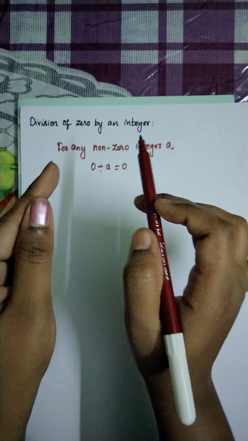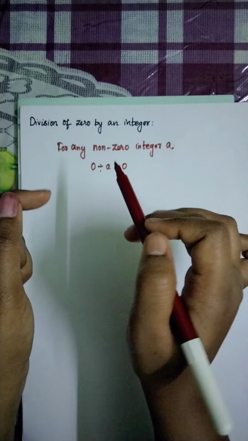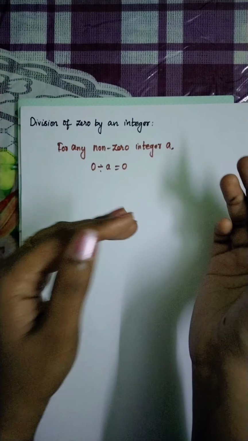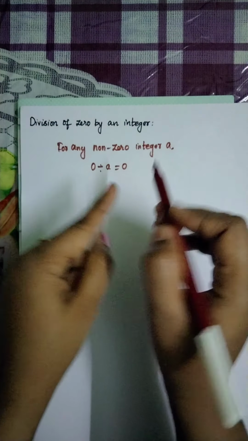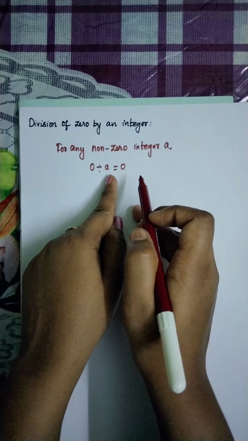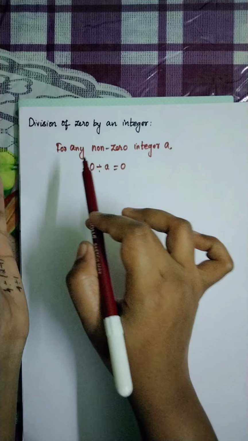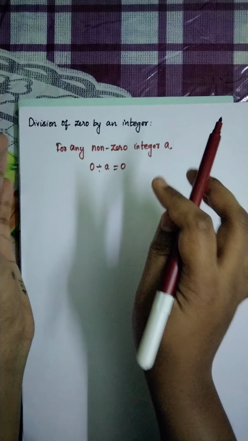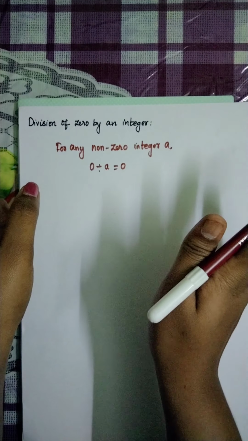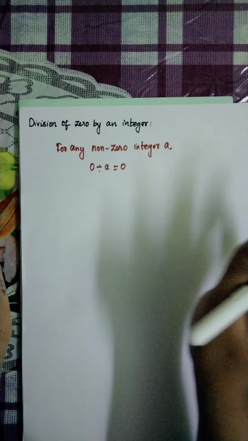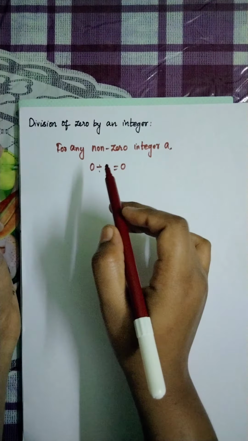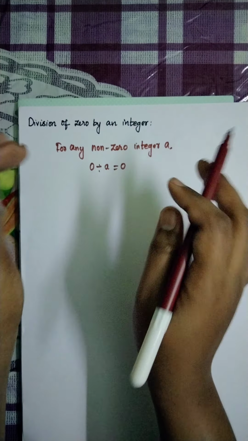We are going to take a non-zero integer, that is, you are not taking 0, we are taking any other integer. 0 divided by a is equal to 0.